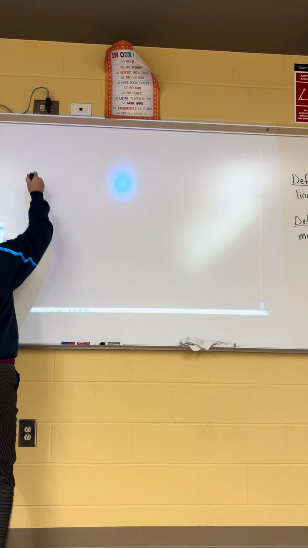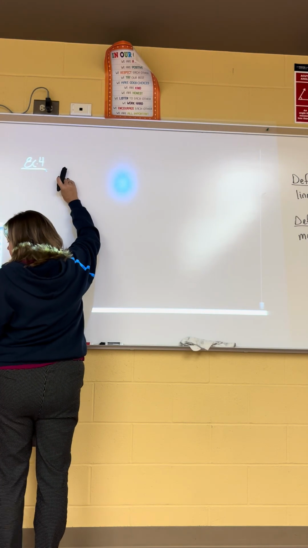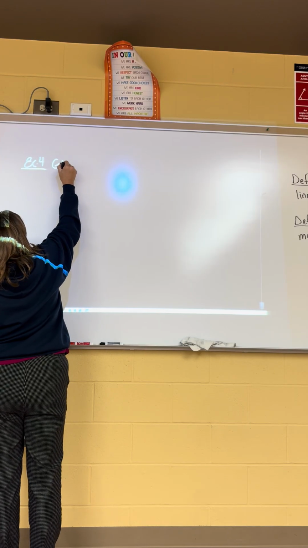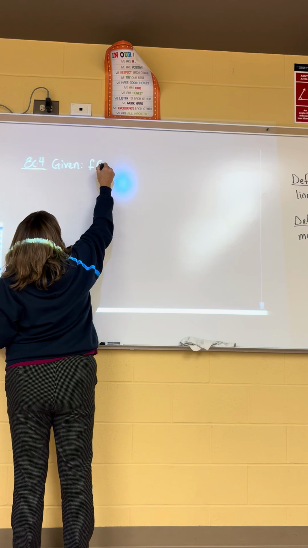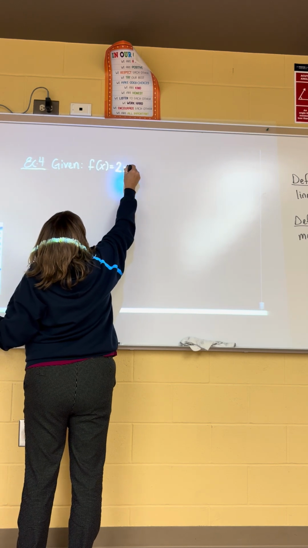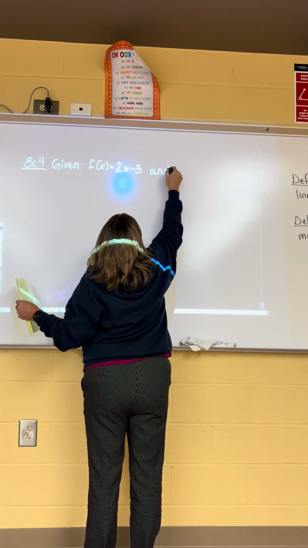Example 4. Given f of x equals 2x minus 3 and g of x equals x squared minus 1.